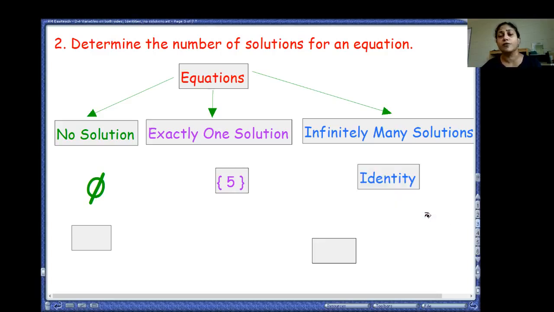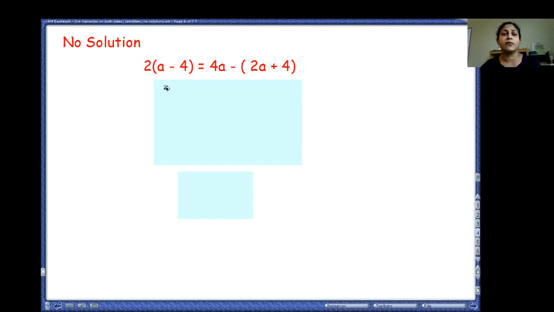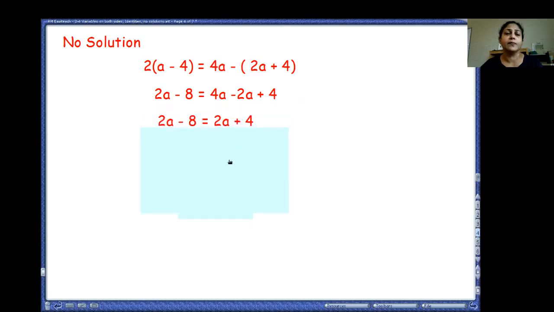So I'm going to show you how to do the work so you can get full credit for this type of question. So let's say we have an equation. I want you to solve it on your own and then see if you get the same work that I have. So we're going to distribute, and then we're going to combine like terms on either side, and then we're going to take care of the variable.